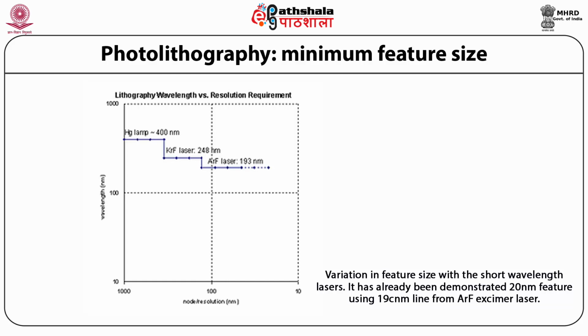Advancement of nanotechnology crucially depends on what is the minimum feature that can be created on a wafer or a substrate for the fabrication of nano devices, or more generally accessing the nano world.